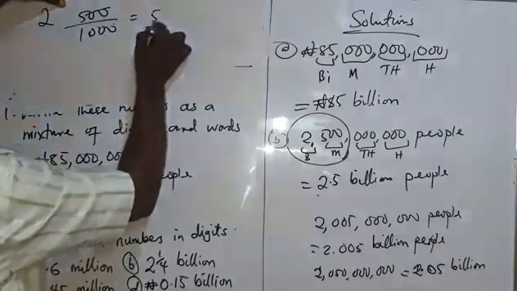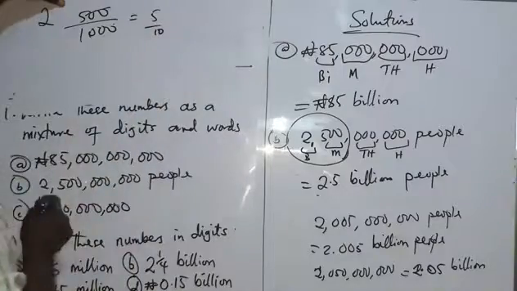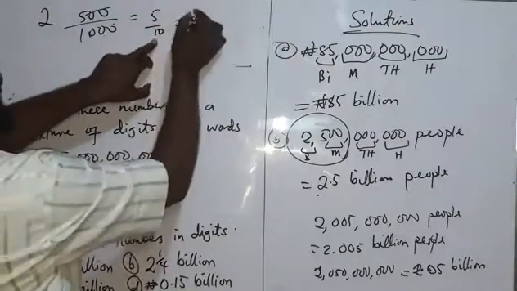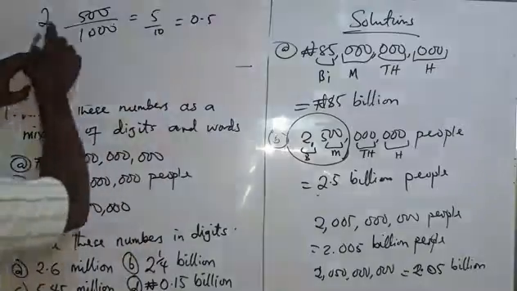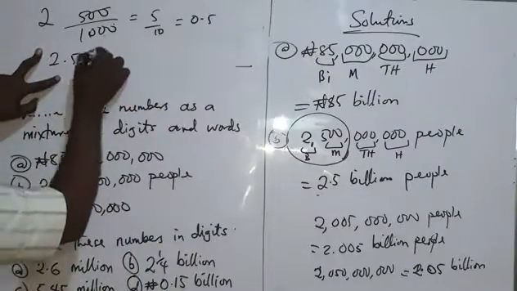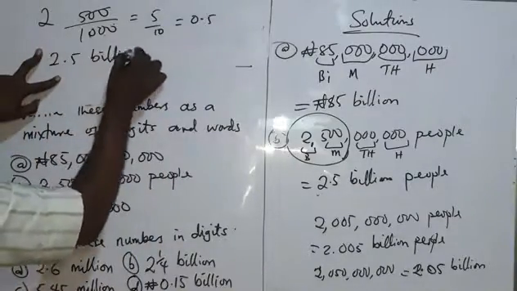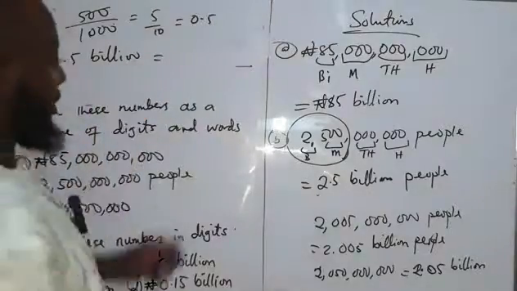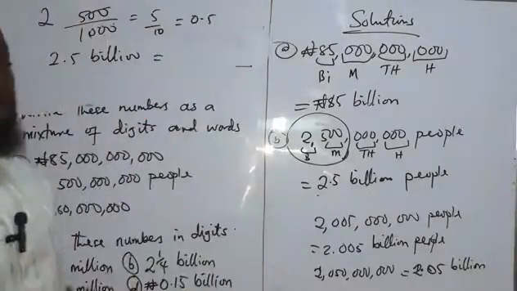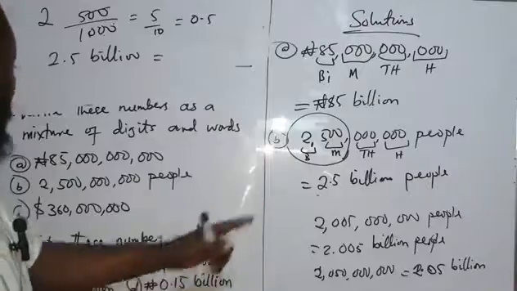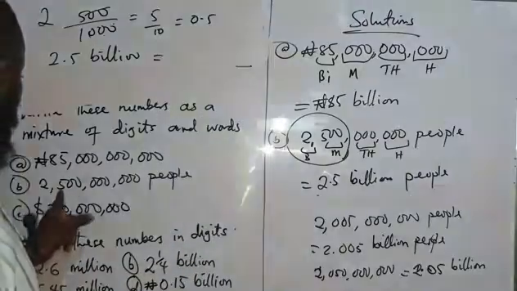It will remain 5 over 10. So if you want to convert this, it will give you 0.5. 0.5 plus 2 will give you 2.5 billion. So that is another way of doing it, but this one is the best way. So just try to master this. So that is that on number B.